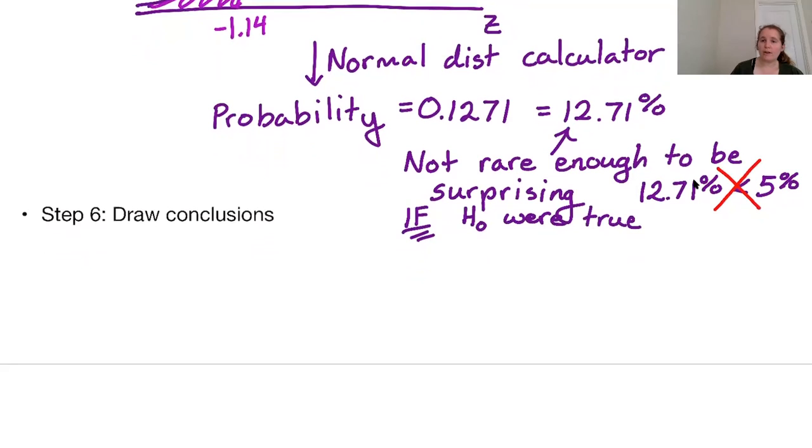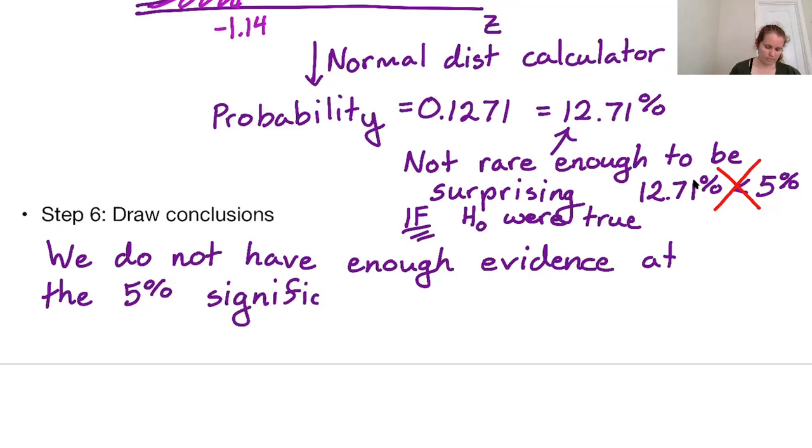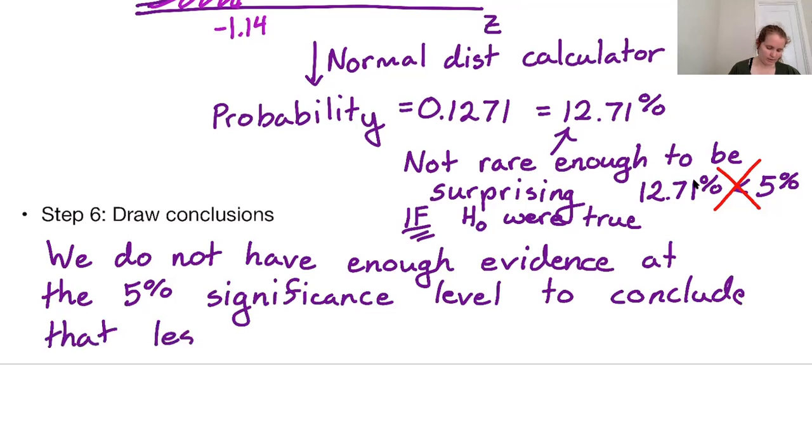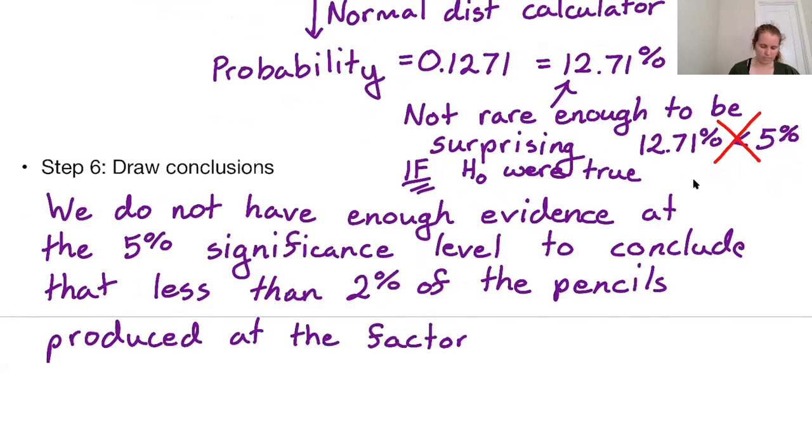So for drawing our conclusions, we do not have enough evidence at the 5% significance level to conclude that less than 2% of the pencils produced at the factory are flawed.